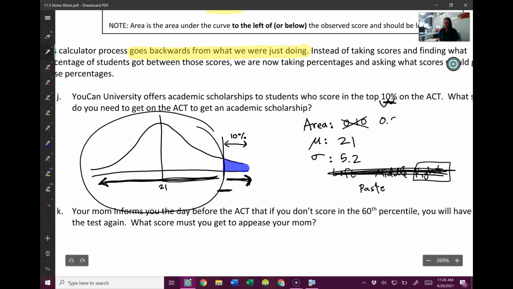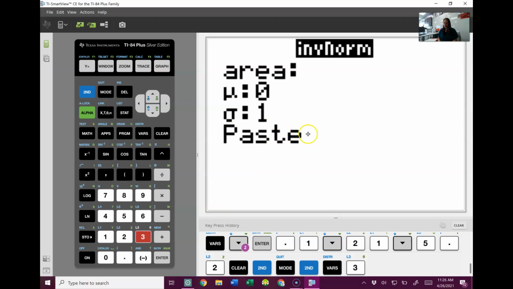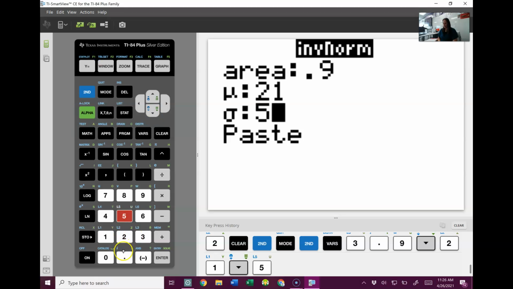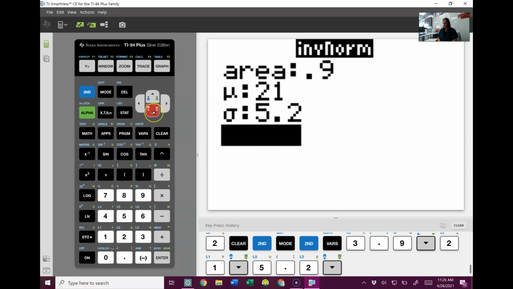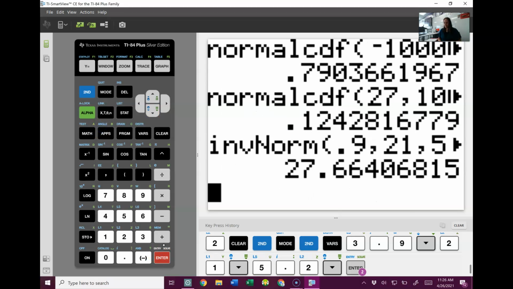So I want it to be 0.9. And then you type all those in and you should get the same answer either way. So since I have an older calculator, I don't have the left, middle, right, I'm going to do 0.9. My mean is 21. My standard deviation is 5.2 because I want to the left 0.9 of that number. And we got 27.66.